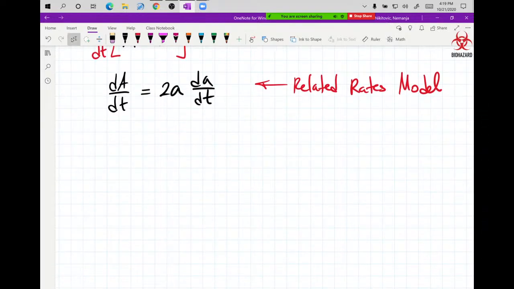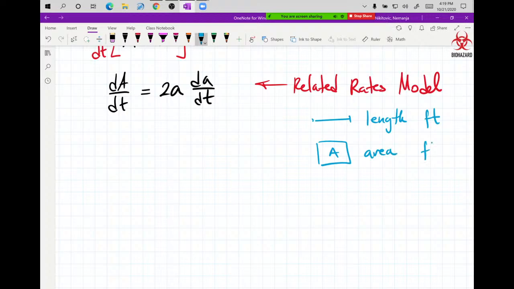So now we have to talk about units. And the units are the ones that really help you understand what is given in the word problem, what you're looking for, and so on. So if you are familiar with any rudimentary physics, you know that length is given in, let's say, feet, and the area is given in feet squared, because area is found as length times length.